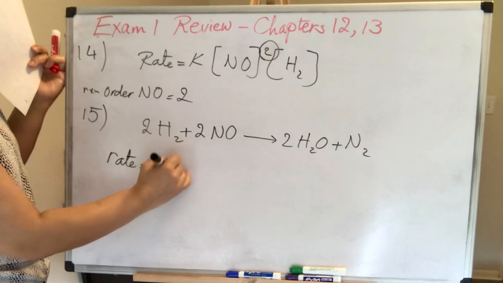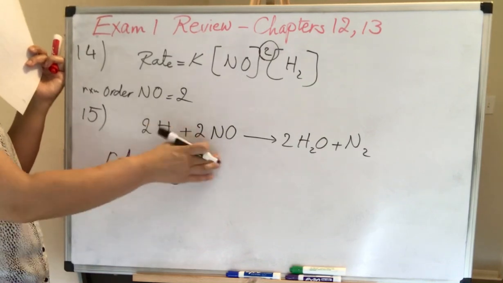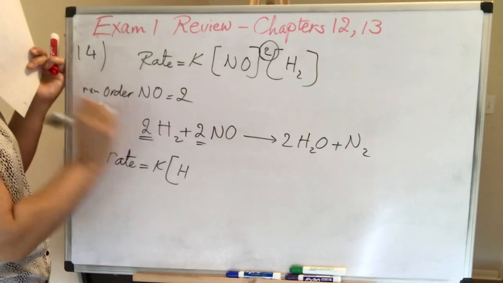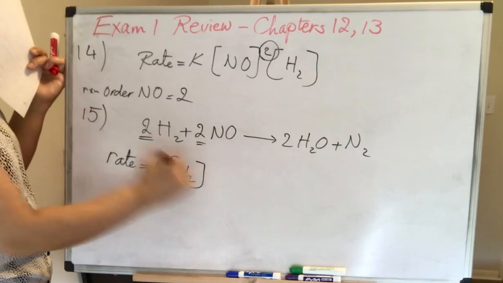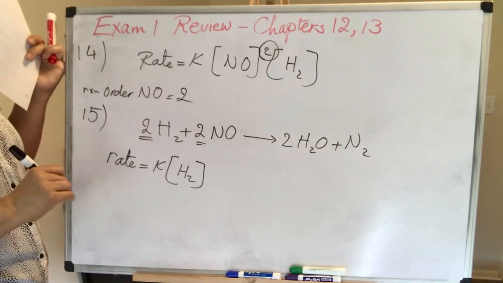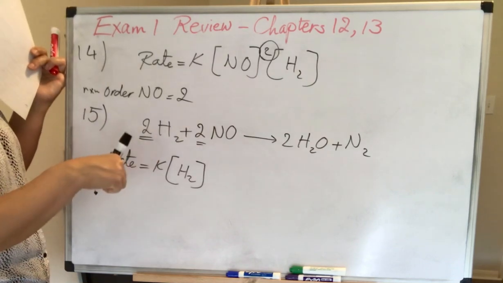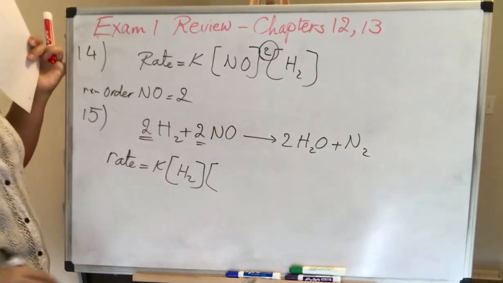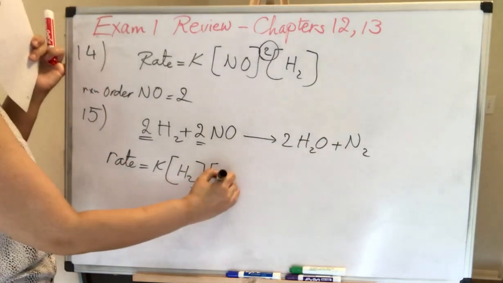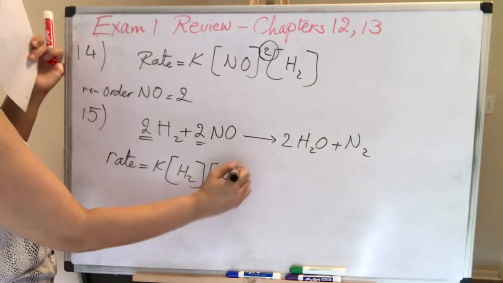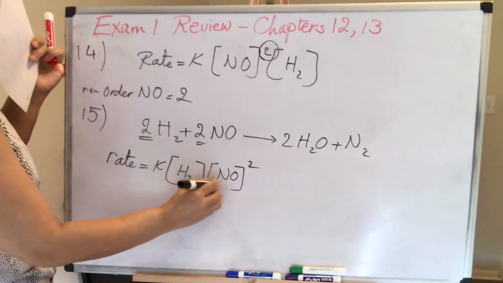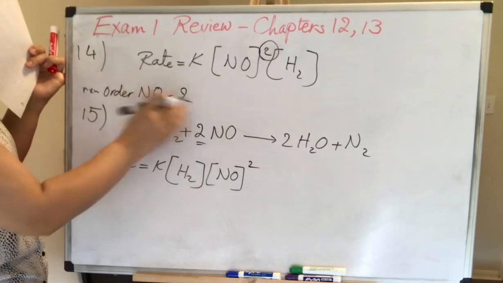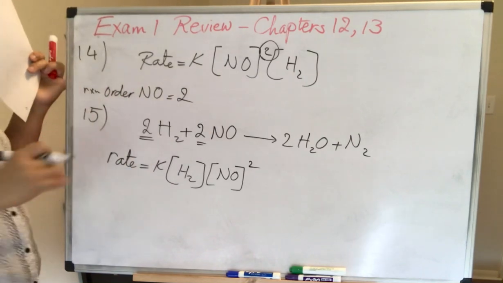It's K. It's based on the reactants, but it's not based on the coefficients, right? It's H2. So the question says it's first order in H2, so we don't write anything because we don't write 1. And it is second order in NO, means we need to put the 2. So you see, again, the reaction order is not necessarily the coefficients.